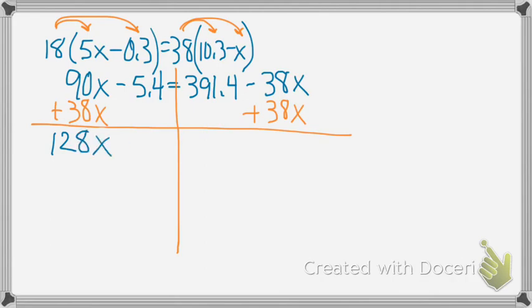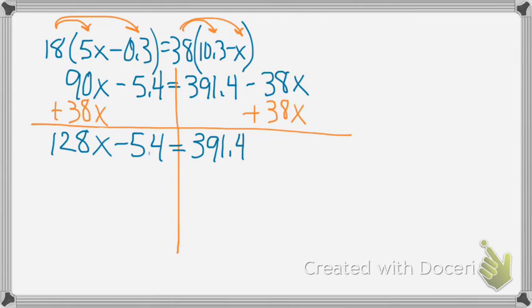Okay, so as I straighten this out, I have a new equation here. It's going to have the same solution. 128x minus 5.4 is 391.4. This 38x and negative 38x became 0 on that side. Okay, so now I'm getting close to having the x term by itself.